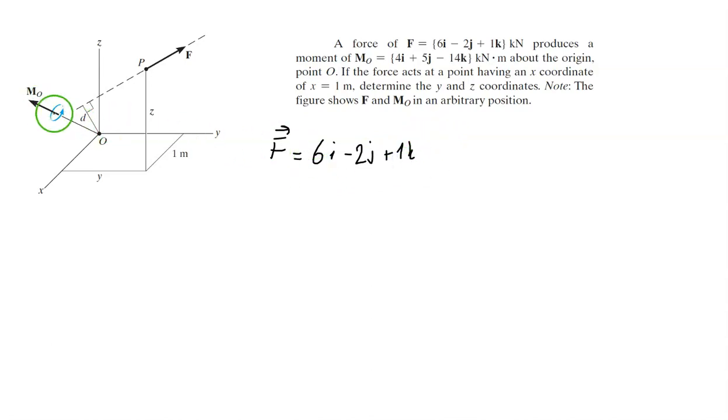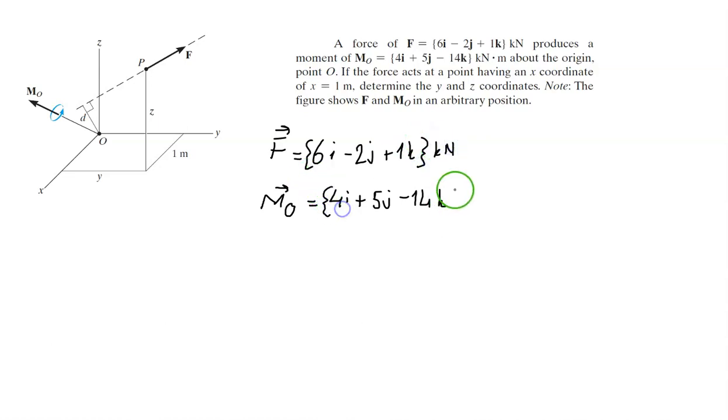And we have a moment vector about point O, given as 4i plus 5j minus 14k kilonewton meter. So that's the force in kilonewtons, and the moment vector in kilonewton meter units.